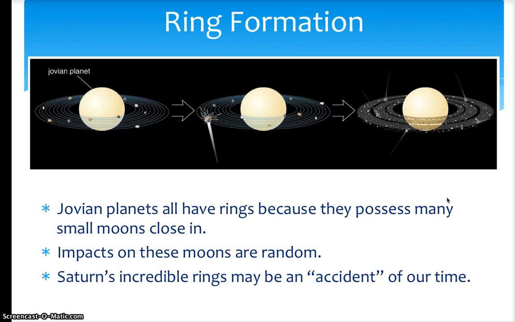So basically the idea is that we believe that the rings formed when a lot of the debris that existed after the planet formation got pulled into the Roche limit of the Jovian planets and got torn apart and then started to orbit in a regular manner. Part of the reason that these planets are able to have these big ring systems has to do with the fact that they are very large, and so their Roche limits are a significant distance away from the planet itself. But it's really kind of cool.